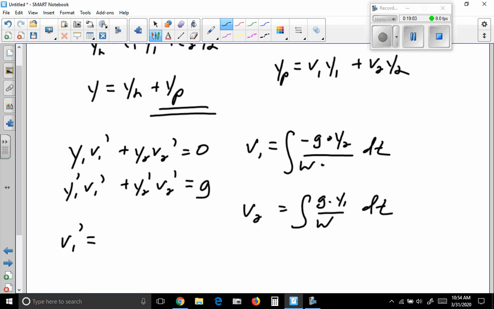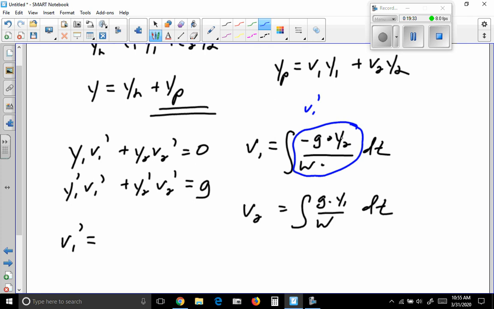This is essentially the solution for this system of equations using Cramer's rule. Remember, the Wronskian is the determinant of the coefficients on this side. That's what we divide by.